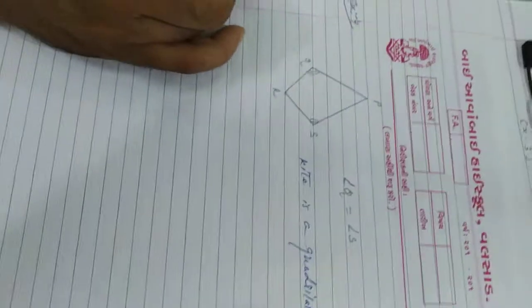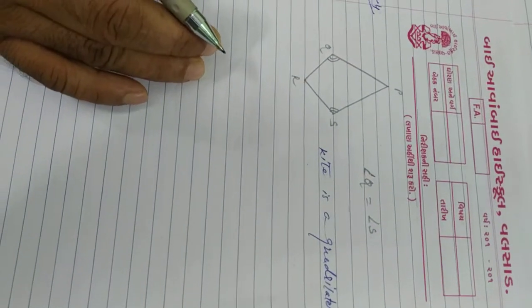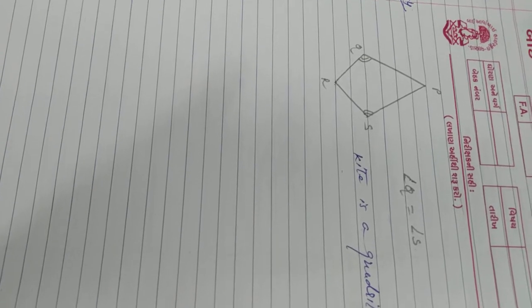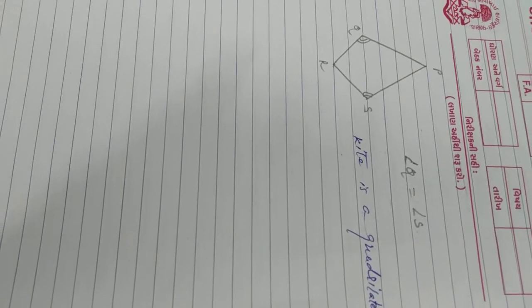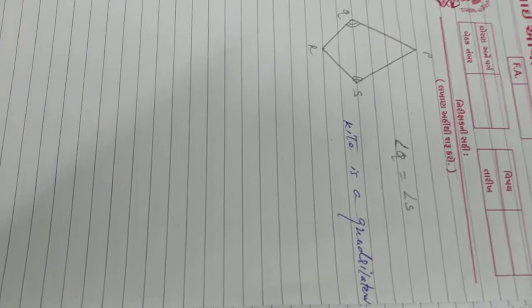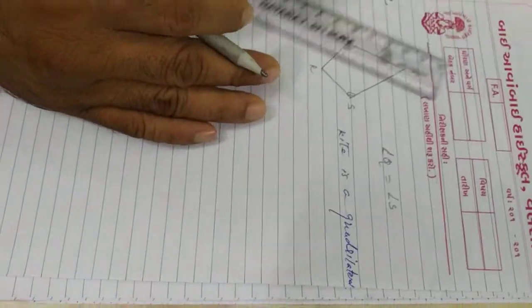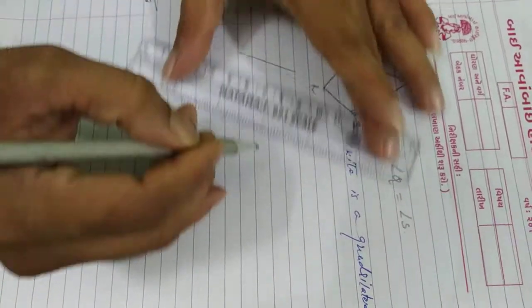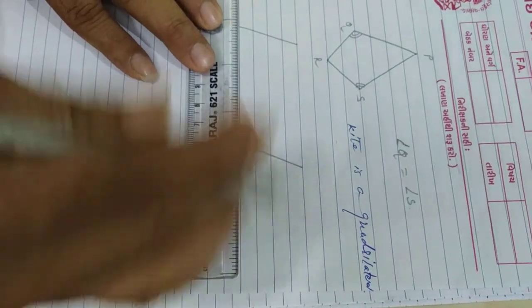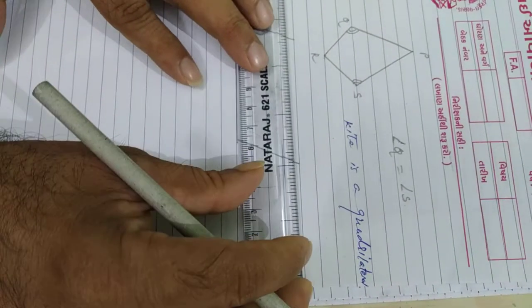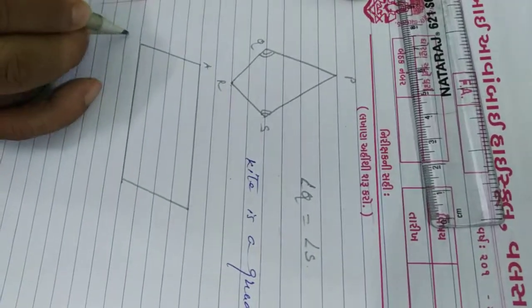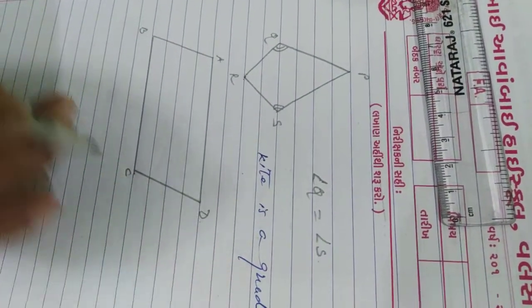Now next, example number 5. The measures of two adjacent angles of a parallelogram are in the ratio 3 is to 2. Find the measure of each of the angles of the parallelogram. One parallelogram is given over here, maybe ABCD, right?